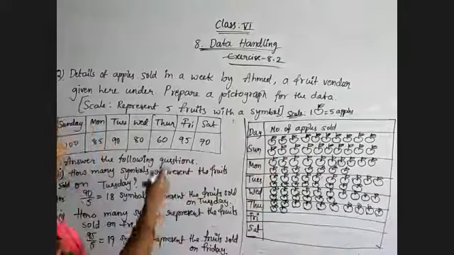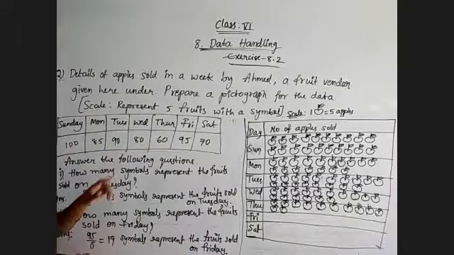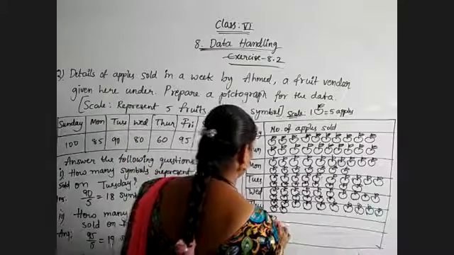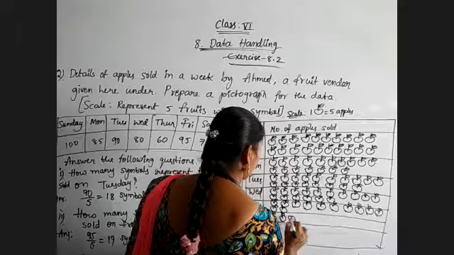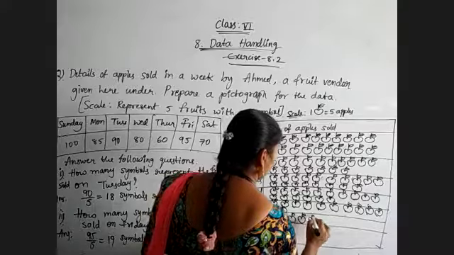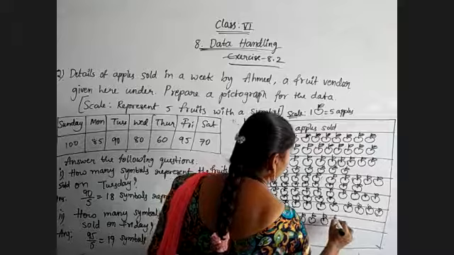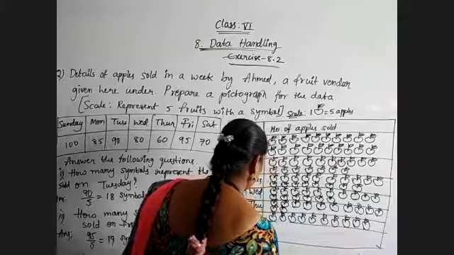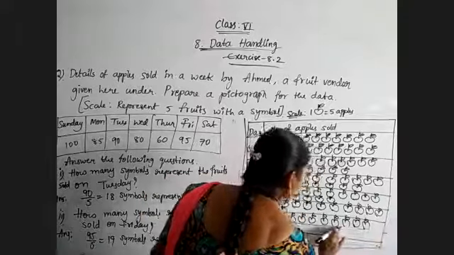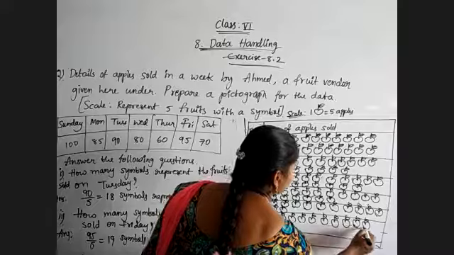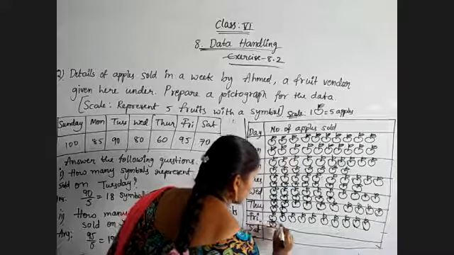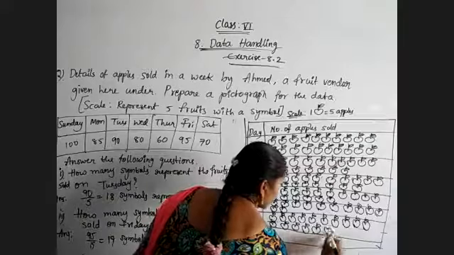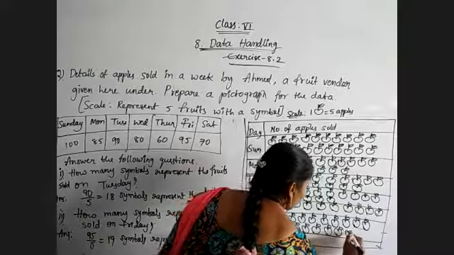Next, 95. So 19 symbols we have to draw. 1, 2, 3, 4, 5, 6, 7, 8, 9, 10, 11, 12, 13, 14, 15, 16, 17, 18, 19.